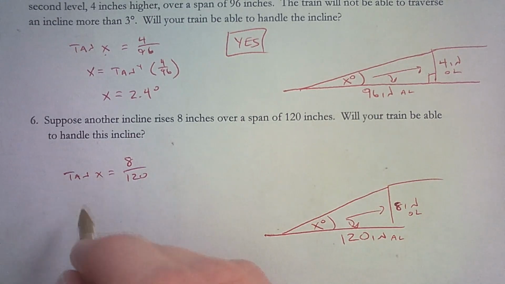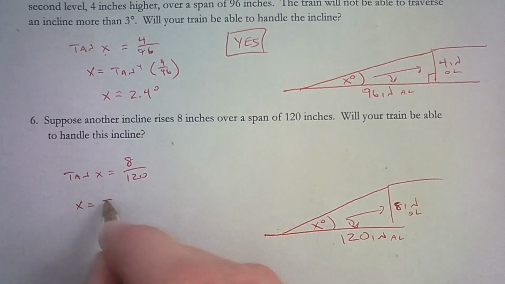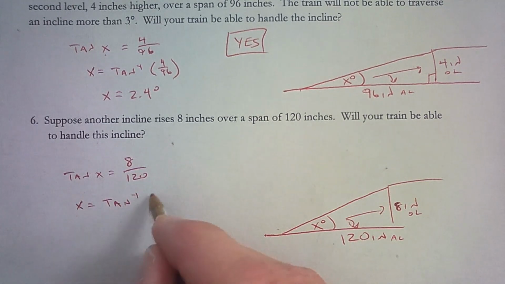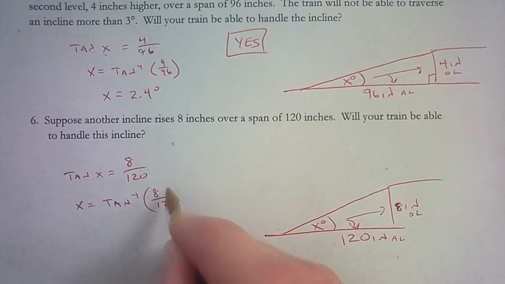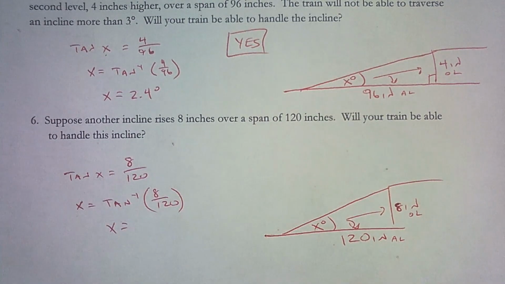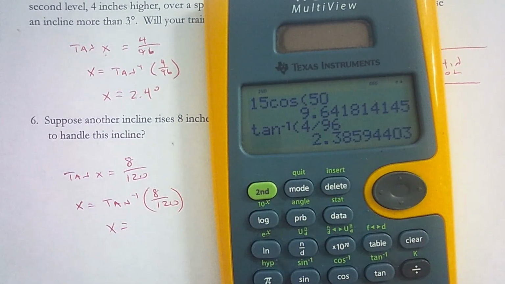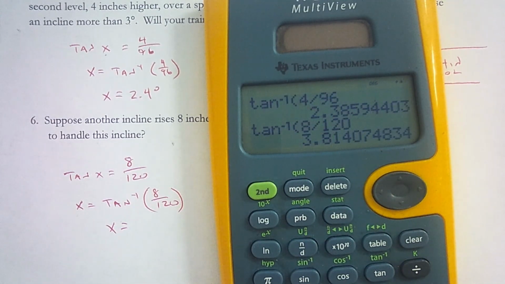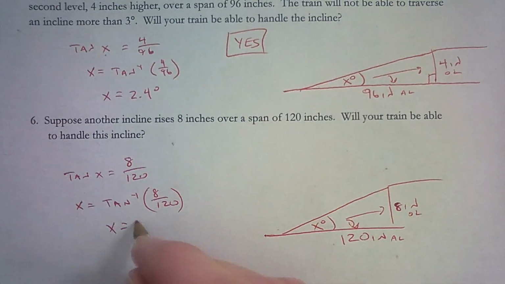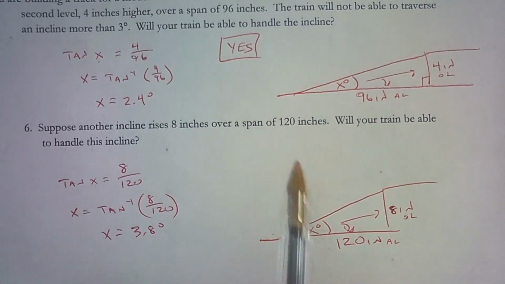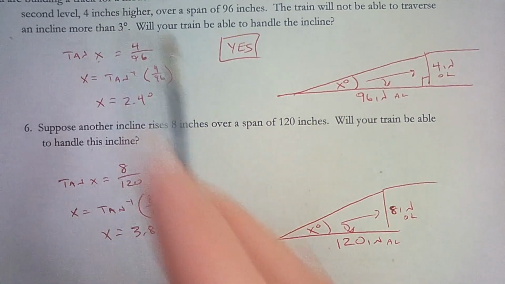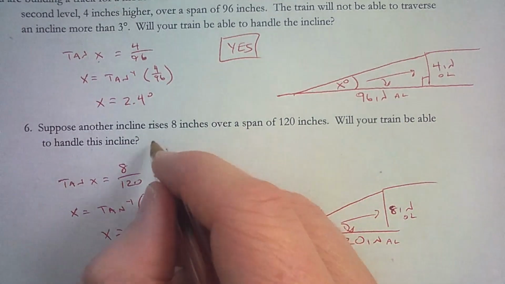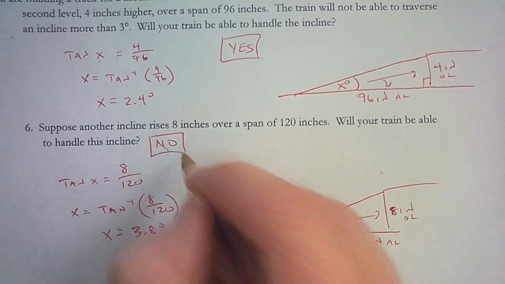Okay, so again, the angle is the variable, so we do the inverse. So x equals inverse tangent, 8 over 120. So that's second tangent, 8 over 120, and that is 3.8. Your train will only handle up to 3 degrees. This is too much. The answer here is no.